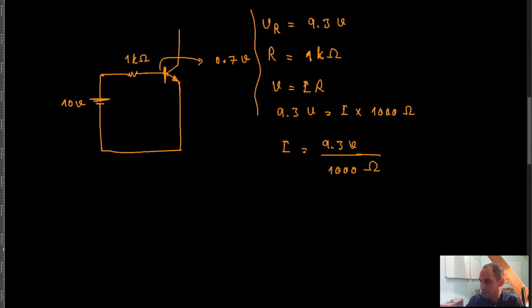9.3 divided by 1000 would be 0.0093, I'm sorry, not volts, but of course in amps.